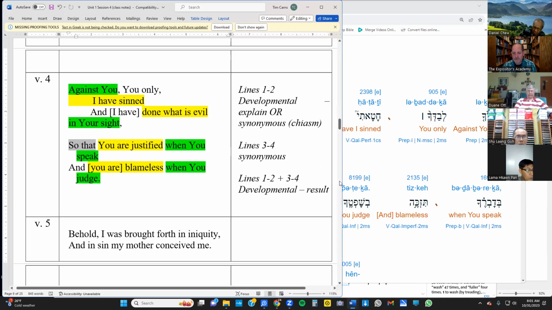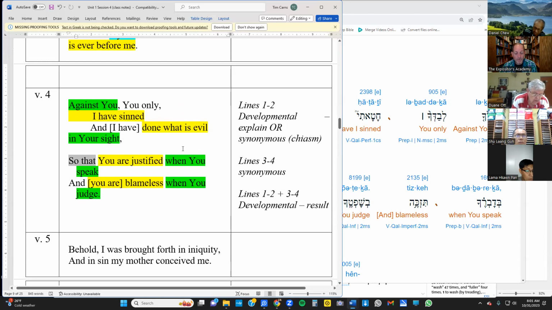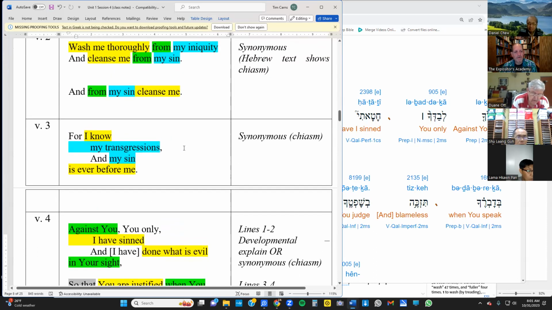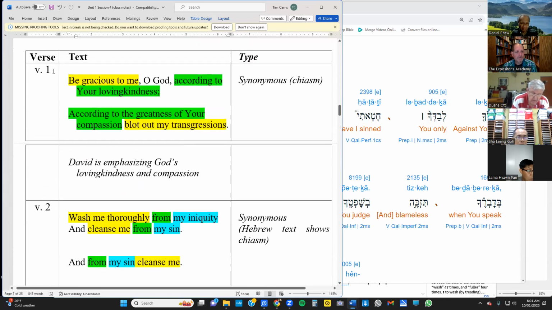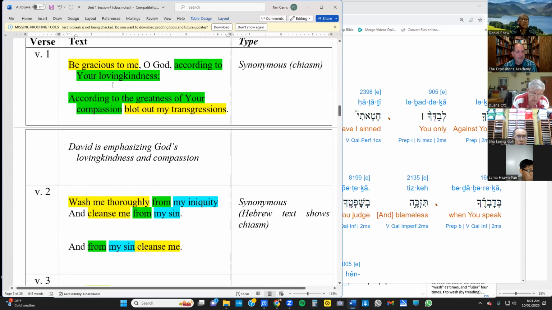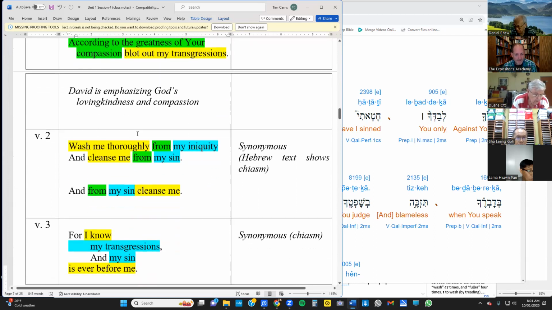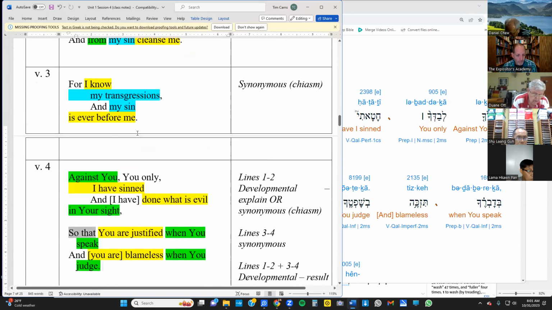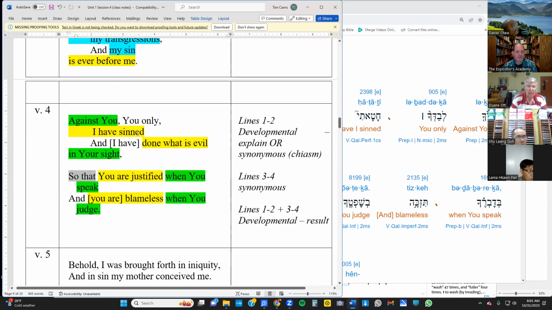All right, questions on that? Or comments, thoughts? Okay, and again, it's important to notice there's a pattern so far, right? We see verses 1, 2, and 3 are couplets, synonymous chiasms. Verse 4 has 4 lines. So now he's deviated.